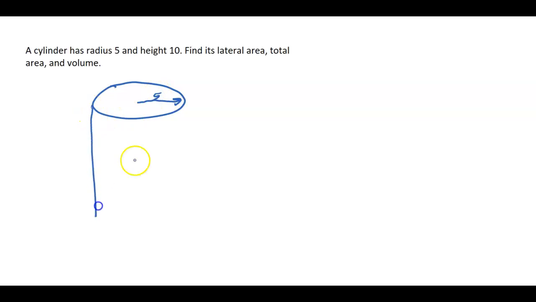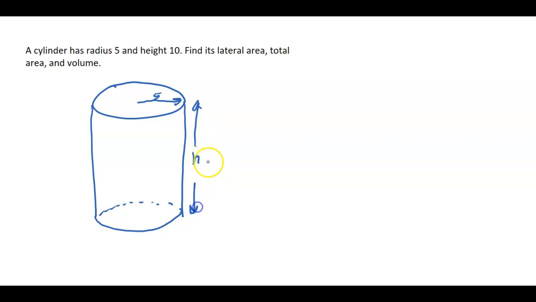Then I'm going to go straight down, and I'm going to draw a solid half of that ellipse and then a dotted half like that. And the height is 10.